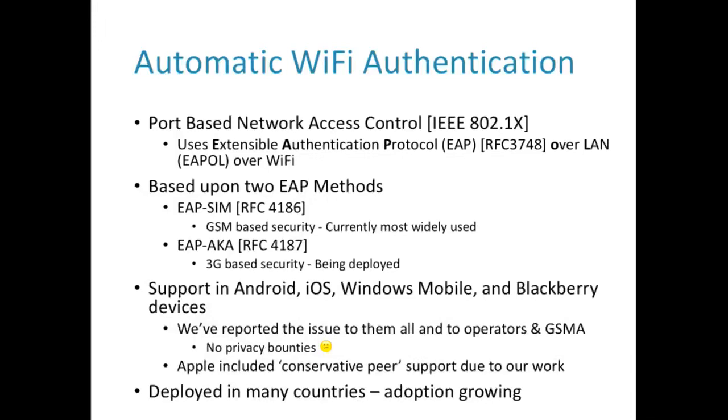It is currently the most widely used for phones to connect to Wi-Fi networks. There is also EAP-AKA, which is based upon 3G security, and that is starting to be deployed. It provides a stronger connection, but unfortunately, both of these have the issue that we've discovered, which we'll talk about shortly.